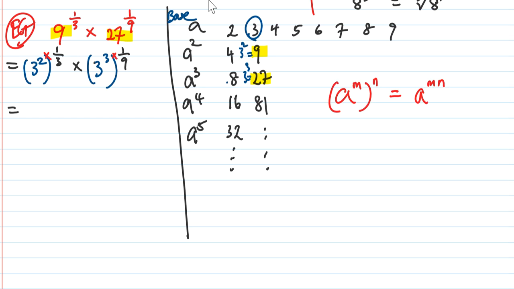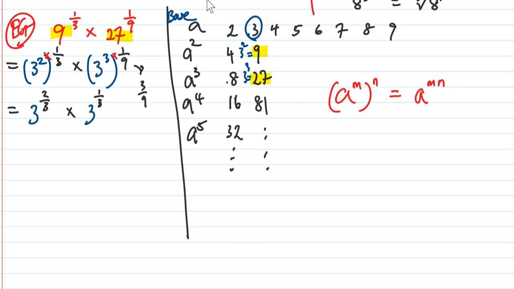It's 2 times 1 over 3, so it will be 2 over 3. Multiply by, in this case, 3 times 1 over 9, which is 3 over 9. 3 over 9 is just 1 over 3.